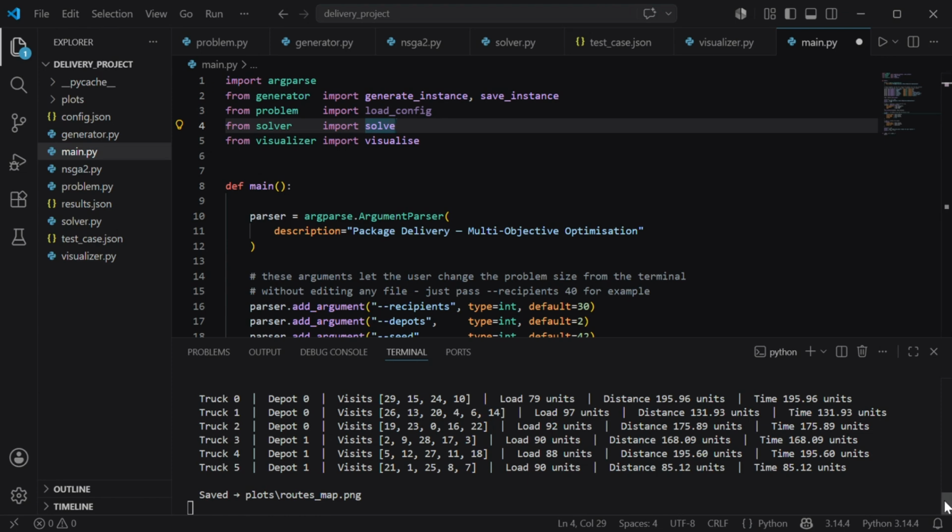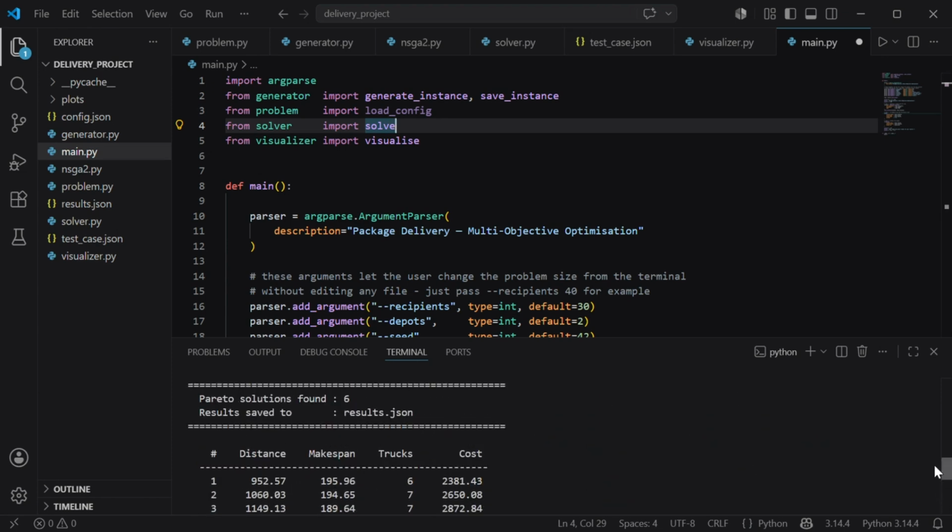Then you can see, from the header it prints. For the test, first it generates two test cases here.